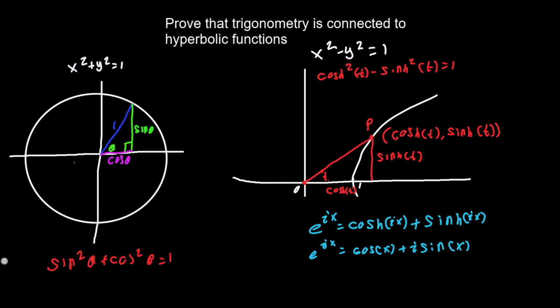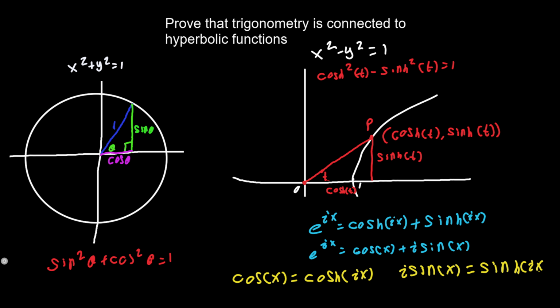So let's go ahead and do that. We have cosine of x is equal to cosh of ix. And finally, we're going to have that i sine of x is equal to sinh of ix.